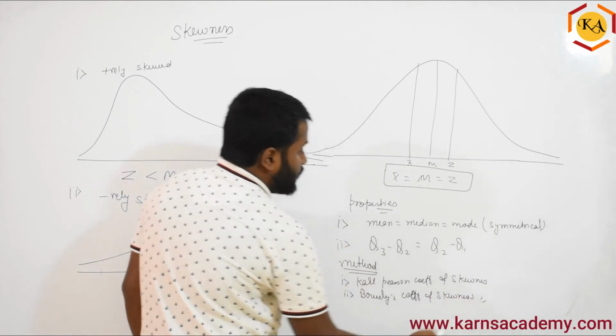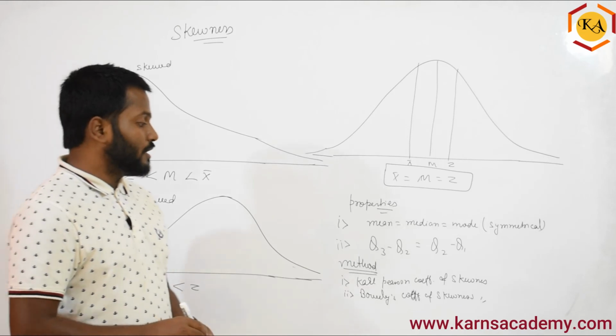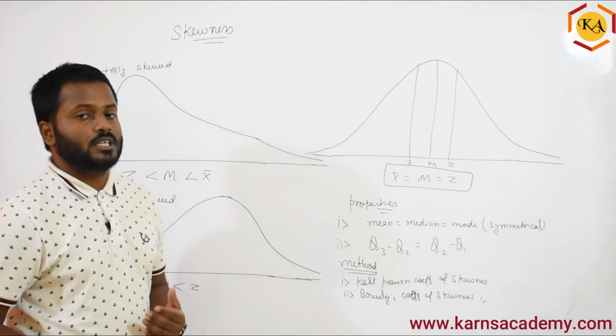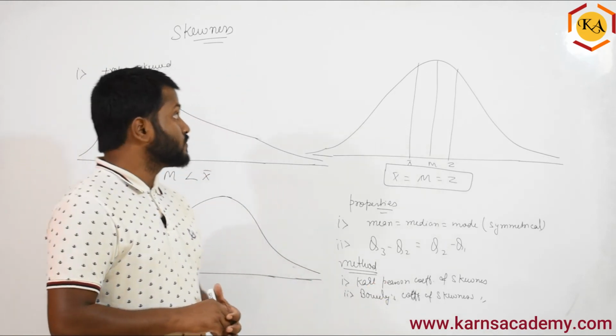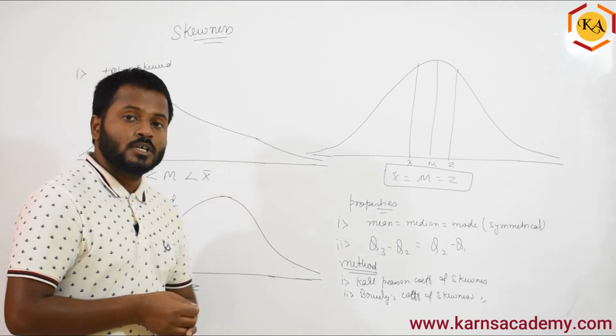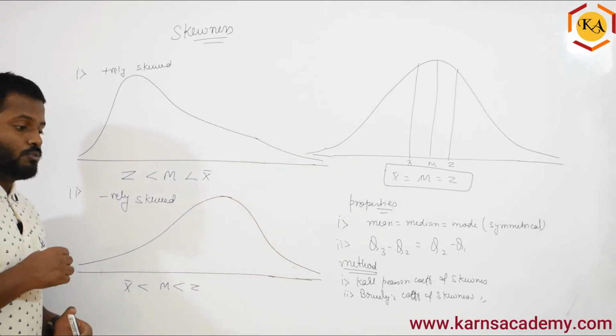These are the two methods we are going to study one by one. We will see what the formula is, and also how to calculate, and so on. But as of now, please pause the video, make a note of it, and we'll proceed further.